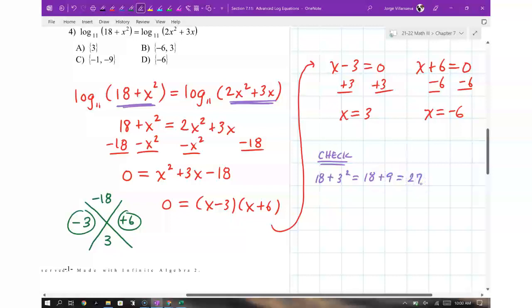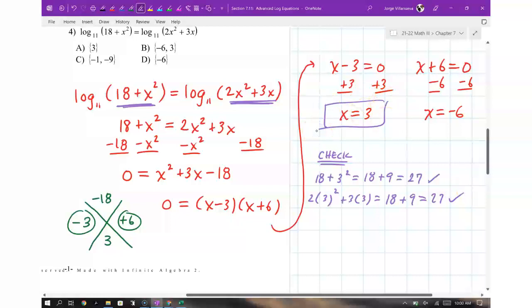That's 27, so that's good. Plugging in the 3 in the other one, 2 times 3 squared plus 3 times 3, that's 2 times 9, that's 18 plus 9, that's also 27, so we're good. So x equals 3 works just fine.